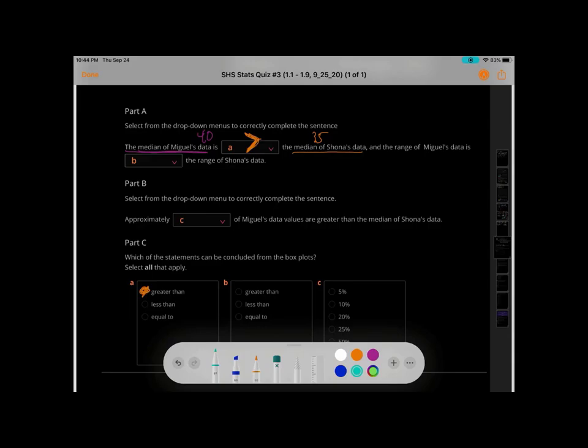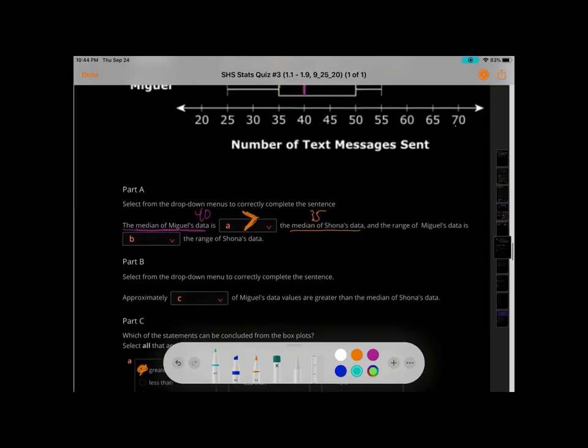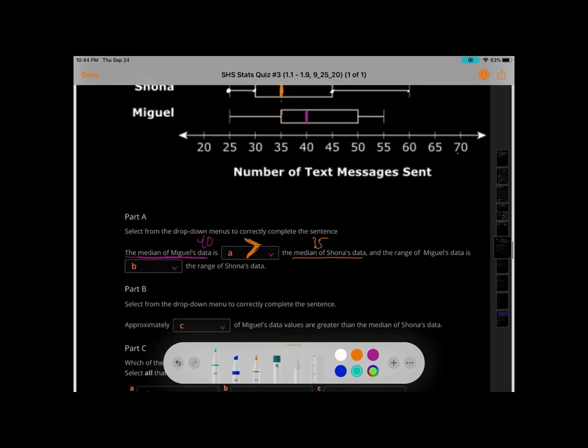Okay, here's the second part, the range of Miguel. Miguel has a range of a minimum and a maximum. So max minus the min for Miguel is going to be 55 minus 25, which gives us an answer of 30.